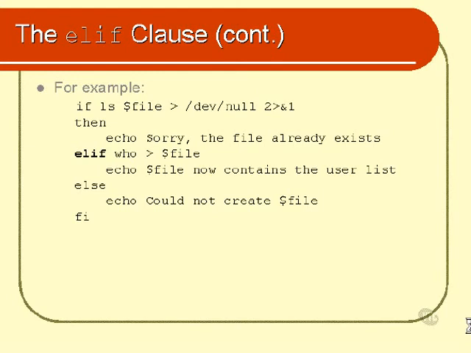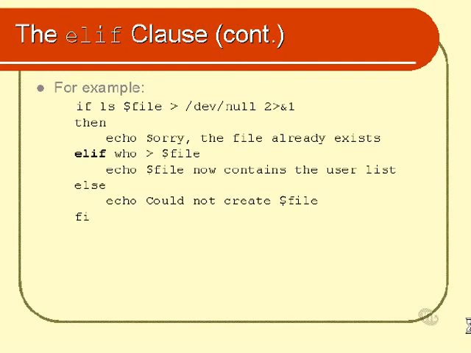Now if that fails, in other words, if the ls produces some kind of error message, then we are okay to create the file. So then I run the who command and I send the output to the file in question. Notice that I'm using a variable name, $file, to represent the name of the file that I'm trying to manipulate. Obviously the variable called file must have been set somewhere before we get to this code.